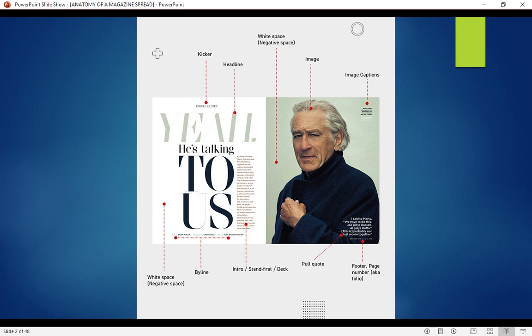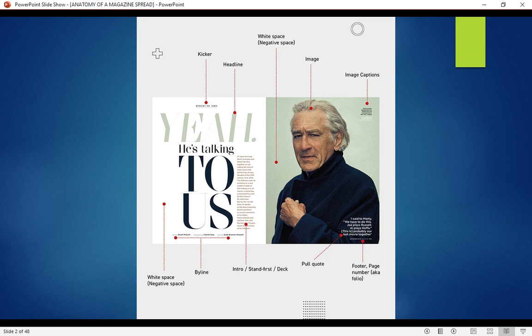Now, first thing, when we are designing a magazine cover or a magazine spread, we have to consider the spread, and not consider page by page. For instance, if this is page 1 and this is page 2, when designing a magazine spread, the composition must be based on the spread and not pages.